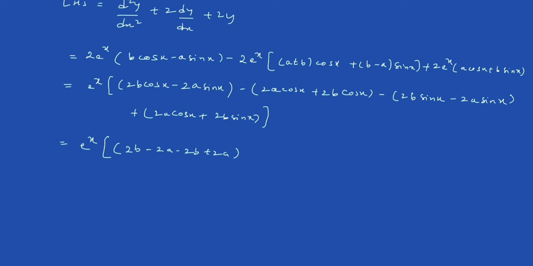It is common, cos x, plus e to the power of x outside. We are taking separately here minus 2a minus 2b plus 2a plus 2b into sin x, right? Now close the bracket. So which is equal to what? Which is equal to 0.